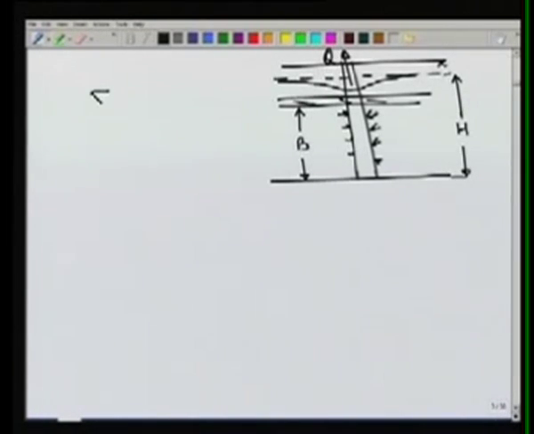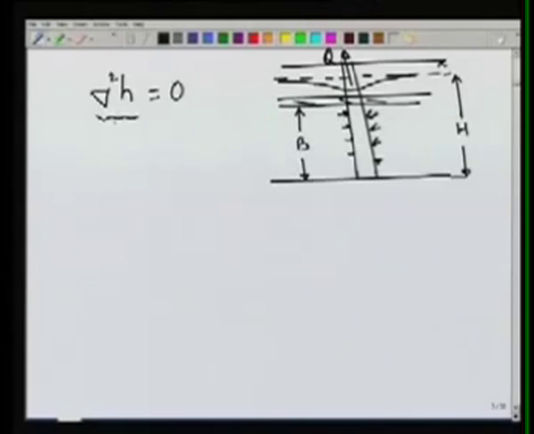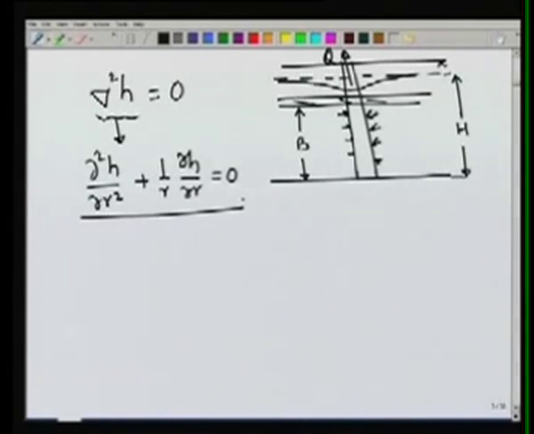If we use the Laplace equation, del squared H equal to 0. Now since this is a radially symmetric flow condition, we would like to use radial coordinates here, and therefore the equation becomes this. The Laplacian operator in radial coordinates also involves partial derivative with respect to theta, but here, because of the radial symmetry, H will not be a function of theta.